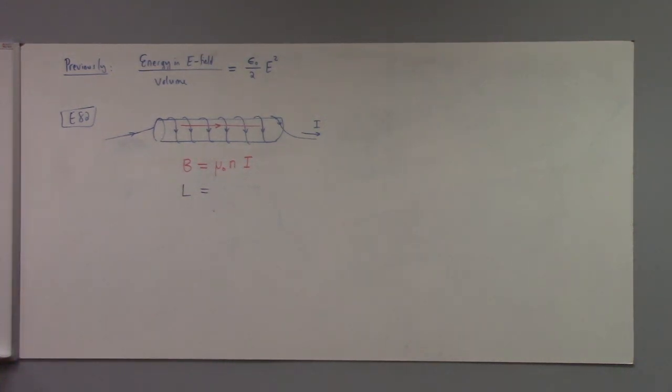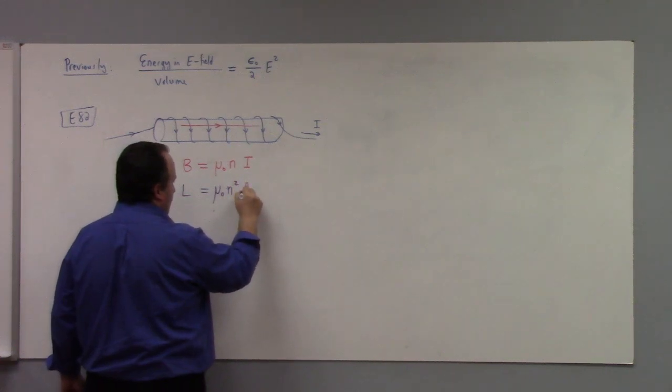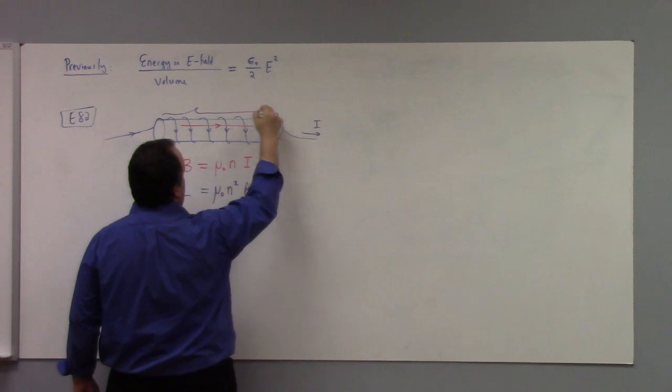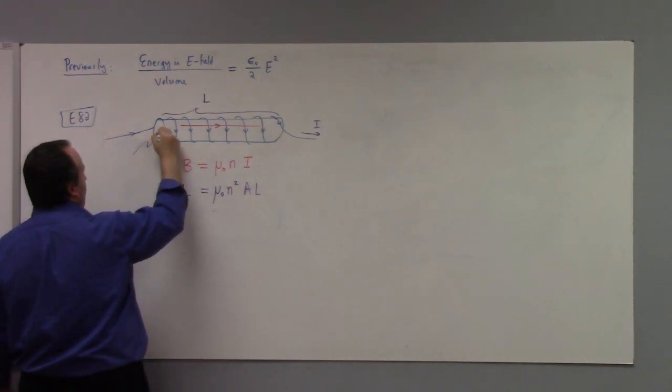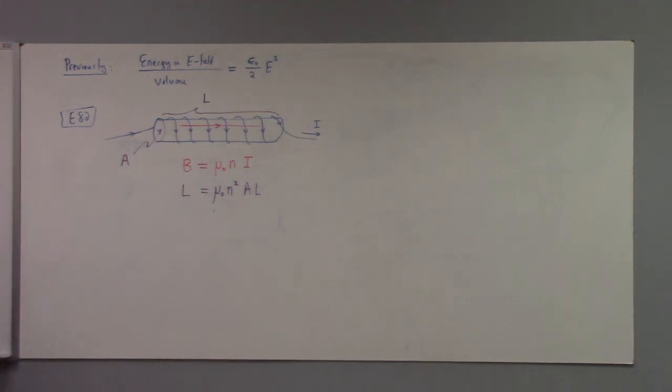It was mu naught N squared A l. This distance here is l, and the cross-sectional area is A. It could be A equals pi r squared if we happen to know the radius. All right. So what's the volume?